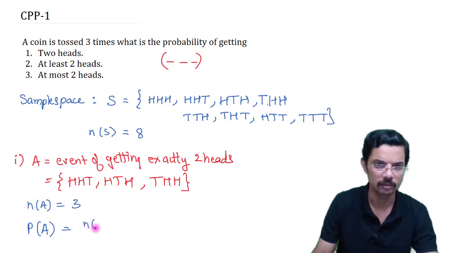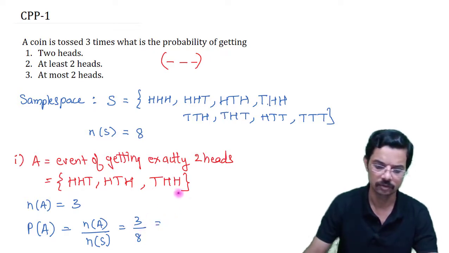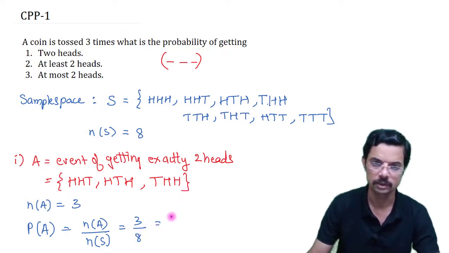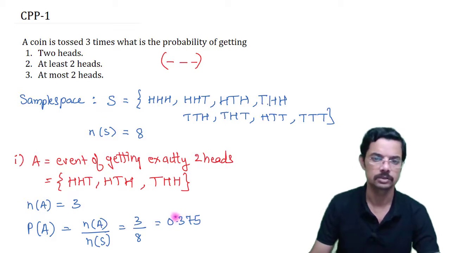So the probability of the event A is the number of elements in A divided by the number of elements in S. That will be equal to 3 by 8, which can be simplified using the calculator as 0.375. Clearly it is lying between 0 and 1. Now we shall move on to the next question.